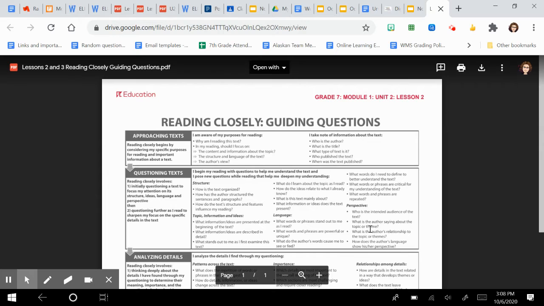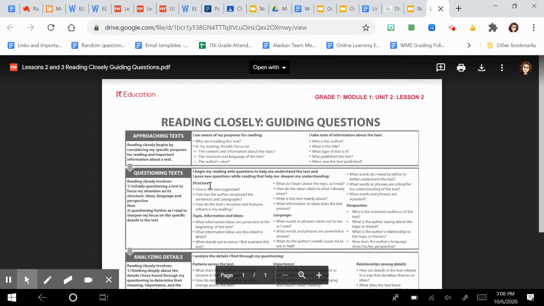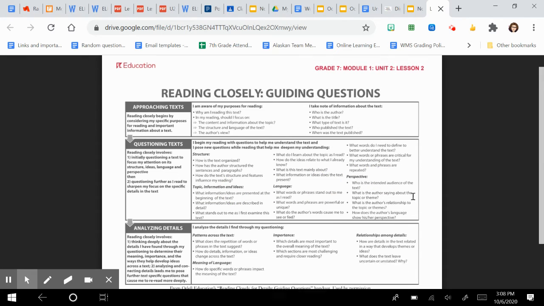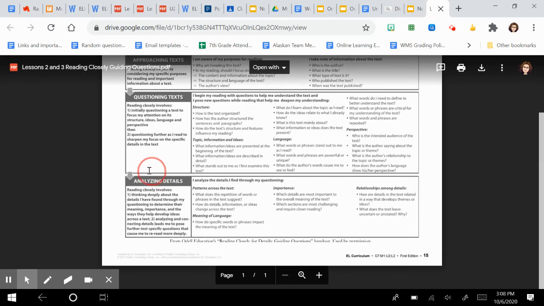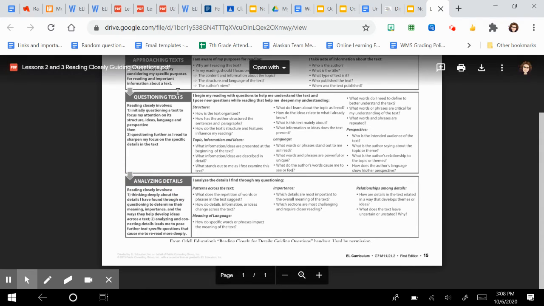The questions in this section are broken up by the different types of questions that you should be asking yourself: the structure, the topic, language, and perspective. The final section here, analyzing details, is where you're getting even deeper into the text.